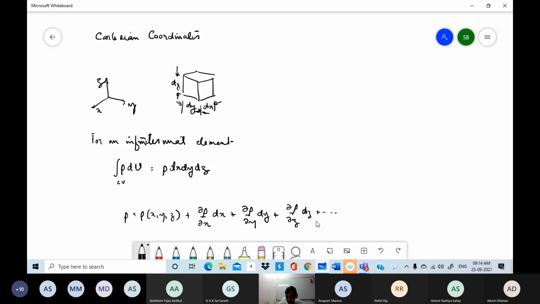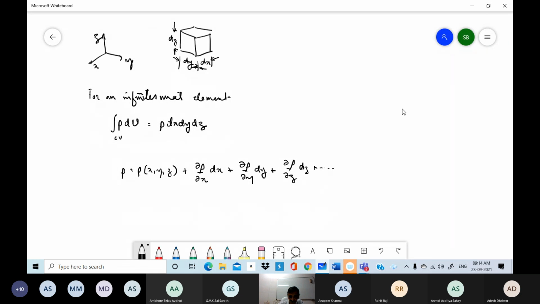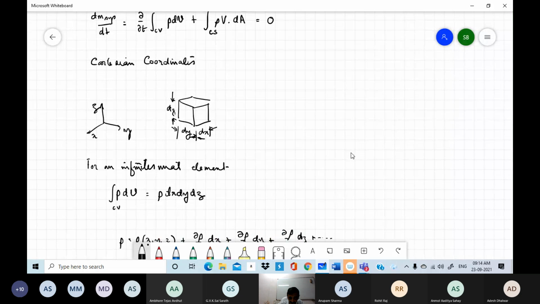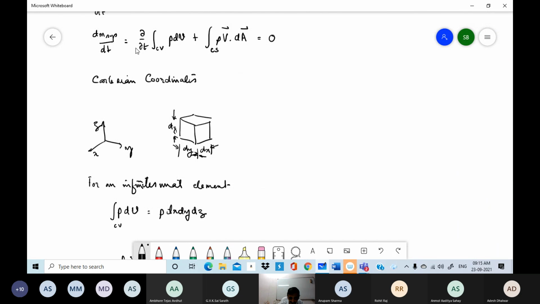So only this can be retained. So for an infinitesimal element, I can use this approximation. So the first term in this equation, del by del t of this integral, we know.